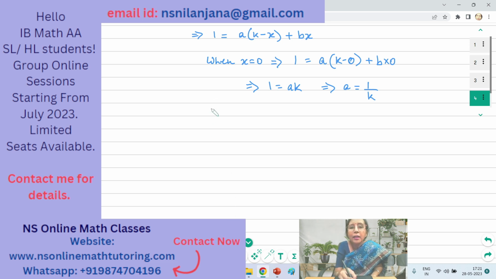Next, we will be taking another value of x. What can we take? Let us take the x value as 1. Or better, it would be better if I take x equal to k. Because I'm a lazy person, I want to make one of the terms equal to 0. So let us take x equal to k. K is a positive constant.